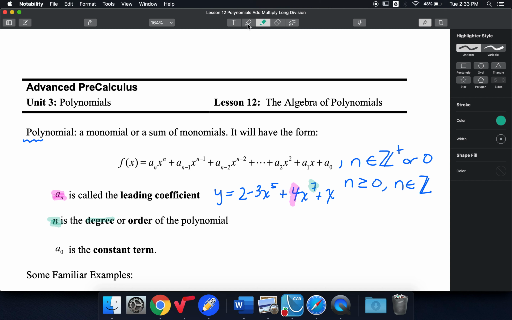So we would say that this leading coefficient, a sub n, is 4, n is equal to 7. So up here I could have said a sub 7 is 4. It's saying the coefficient of the 7th powered term. So I could say n is equal to 7, or this is a 7th degree polynomial.